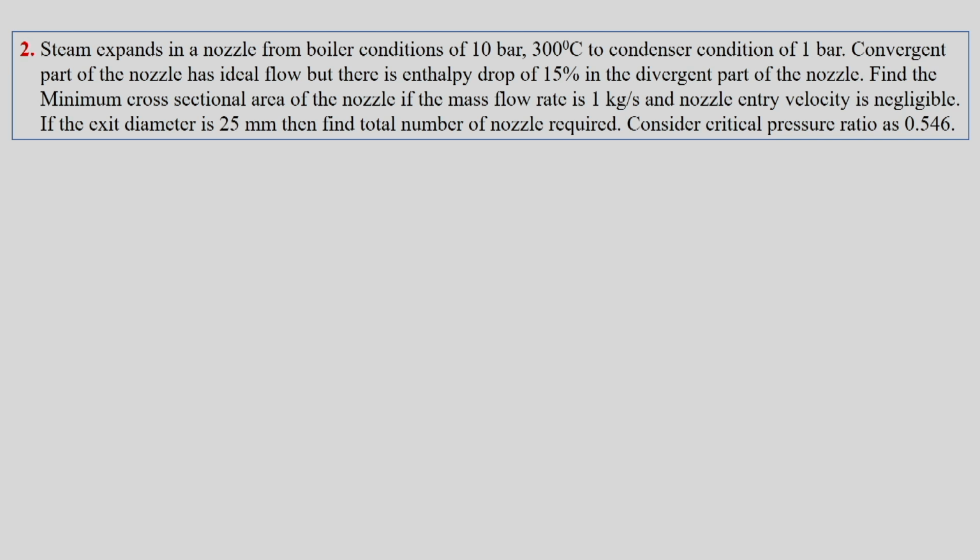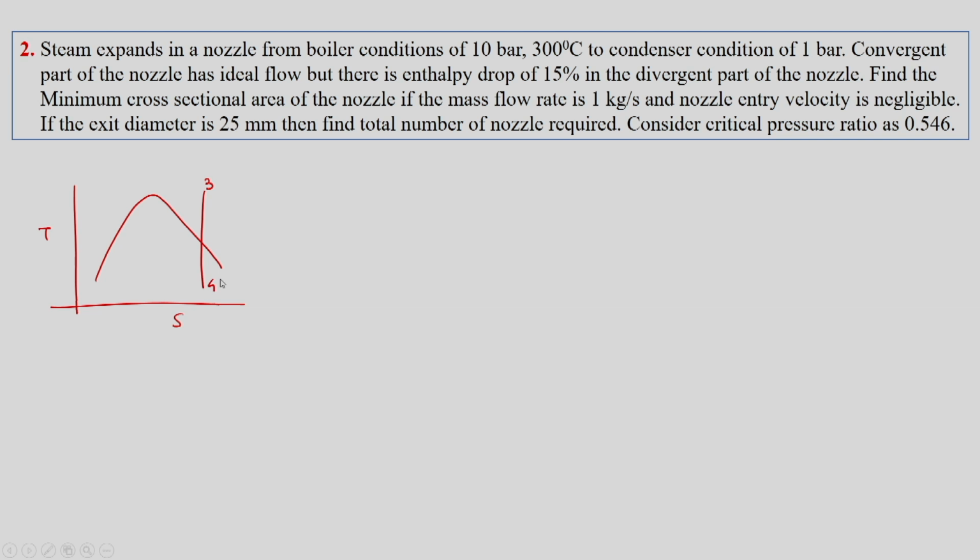Find the minimum cross section area of the nozzle if mass flow rate is 1 kg per second and nozzle entry velocity is negligible. If exit diameter is 25 mm, then find out total number of nozzles required. Consider critical pressure ratio as 0.546. Here as well we will first draw the TS diagram.